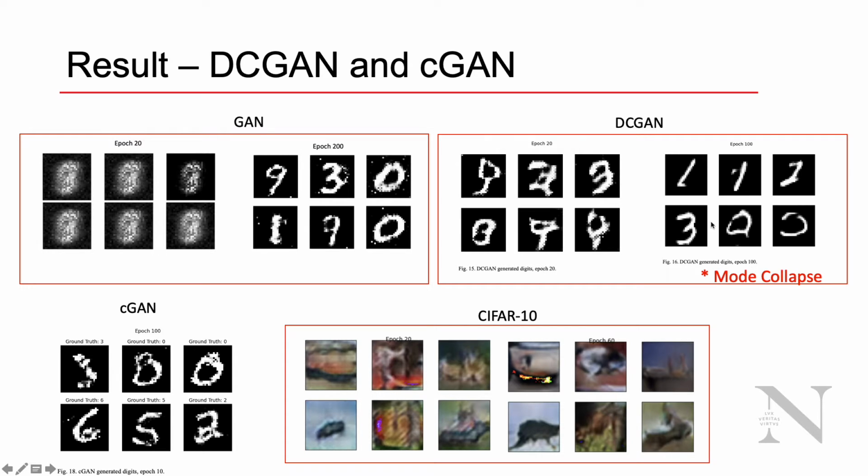Then at epoch 100, it is even photorealistic. I can't tell whether these images are generated or from the MNIST database, versus the images from GAN at epoch 200, where the digits could clearly be seen, but there is so much noise from GAN.